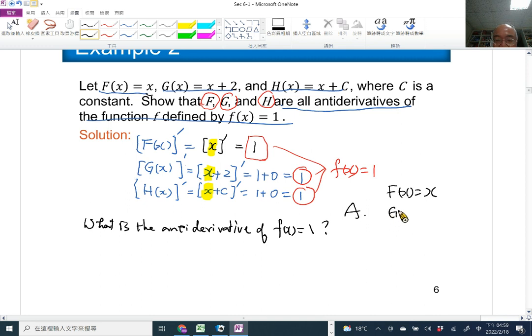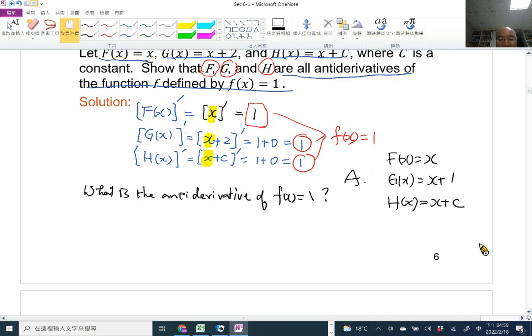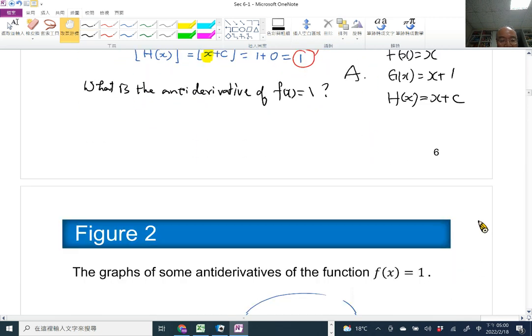You can also say capital G of x equal to x plus 1 is an antiderivative for 1. And you can also say capital H of x equal to x plus c is an antiderivative for f of x equal to 1. All of these three, or actually even more, are antiderivatives of f of x. So how can we come up with a notation so that we're not confused by more than one solution?